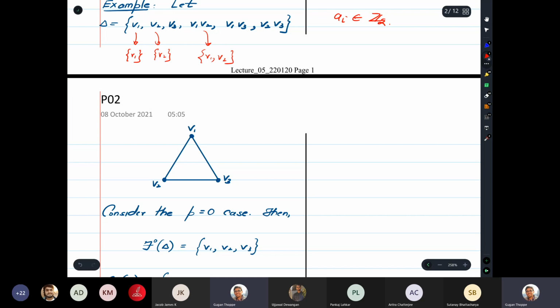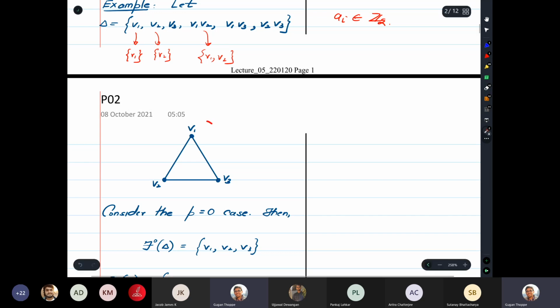However, as I said before, this unnecessarily complicates the notations, so I will simply write v1 as this. You have to keep in mind that v1 here actually represents this set, and when v1 is thought of as an element of a set, all those things must be clear to you from the context.